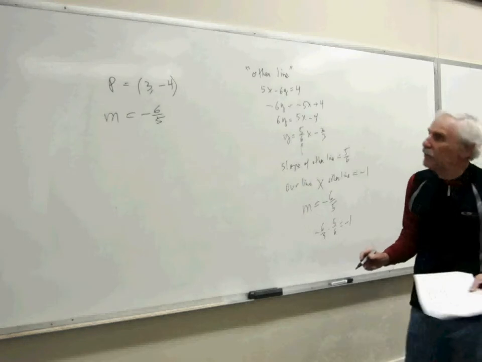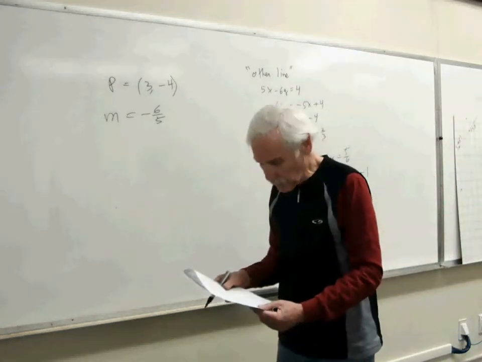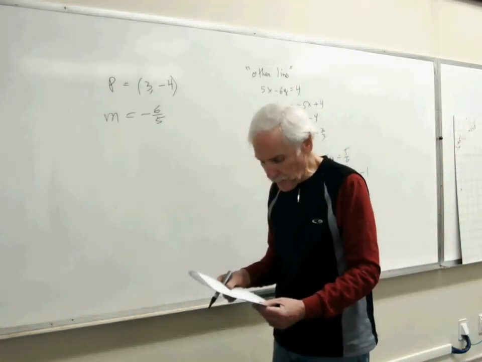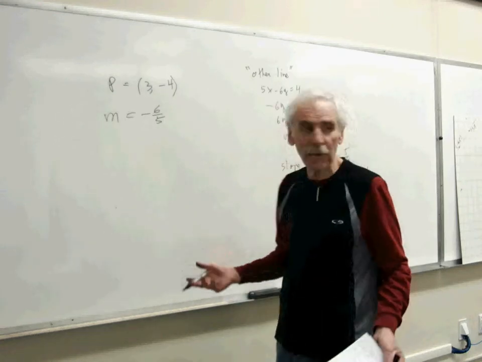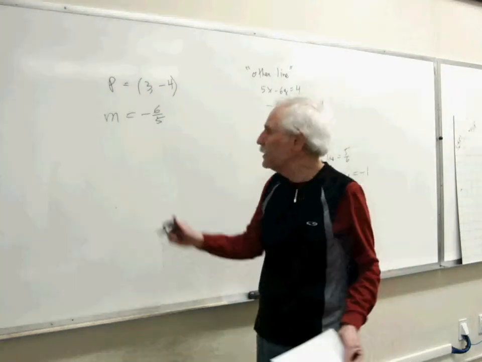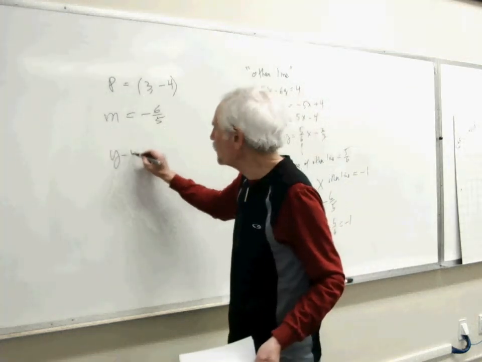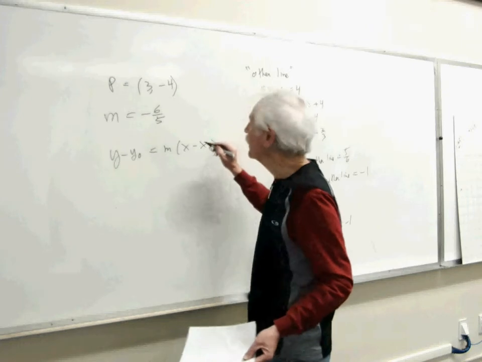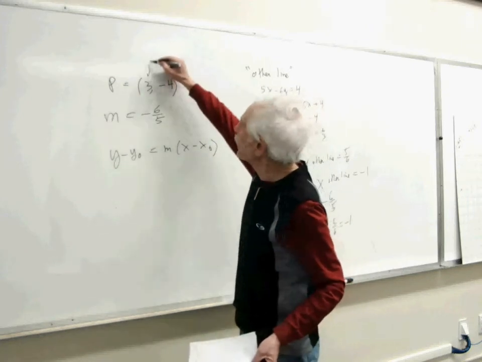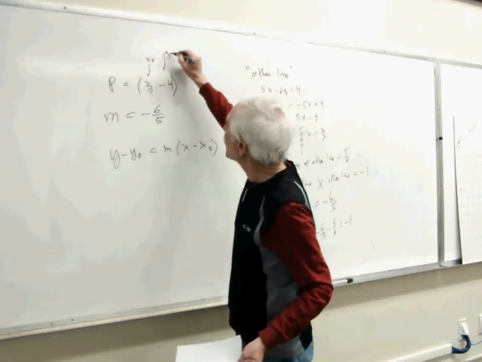So, okay, great. So what does it want us to do? Write the equation of the first line in point-slope form. Well, now it's kind of a piece of cake. y minus y0 equals m times x minus x0. And here is our x0, and here is our y0.